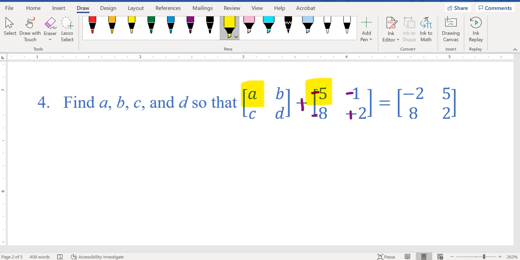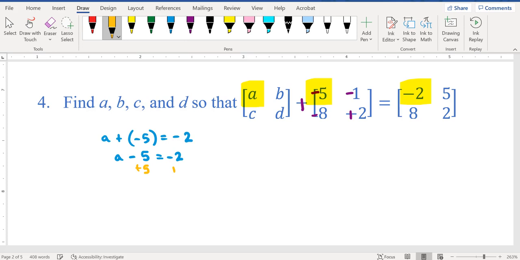A plus -5 equals -2. So that says A minus 5 equals -2. If I add 5 to both sides, then I get A equals 3.